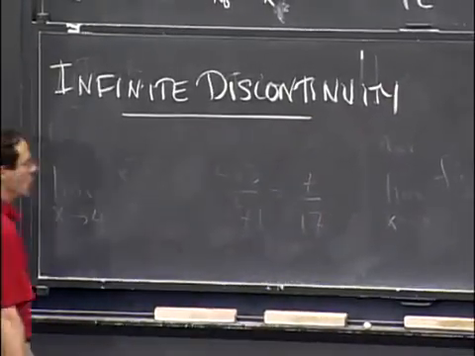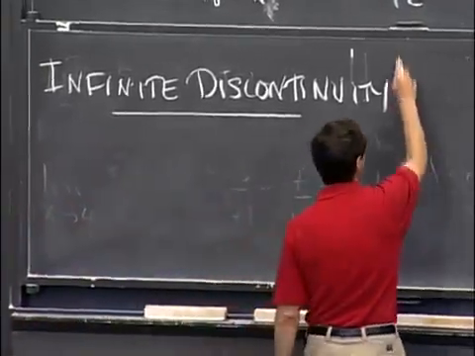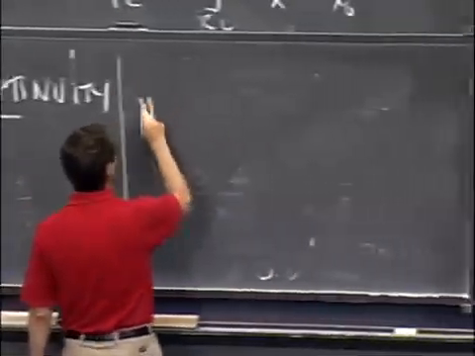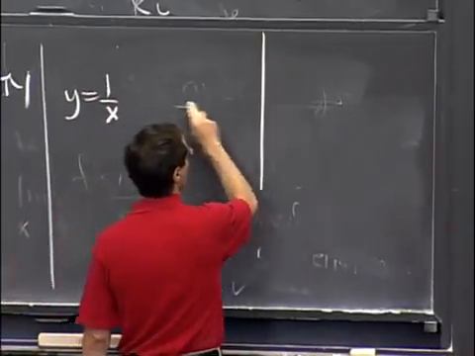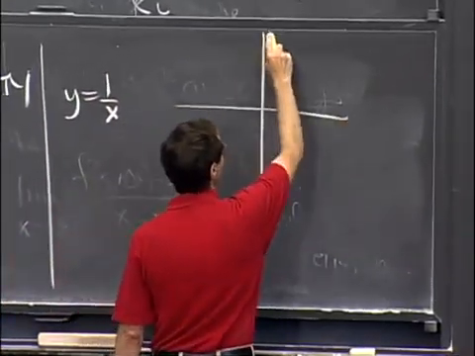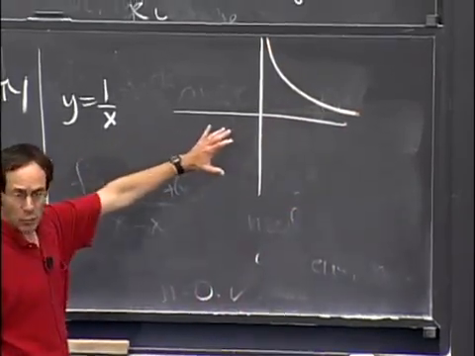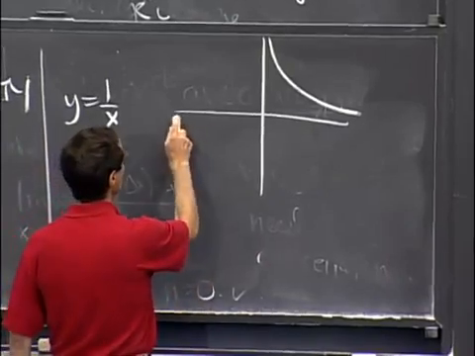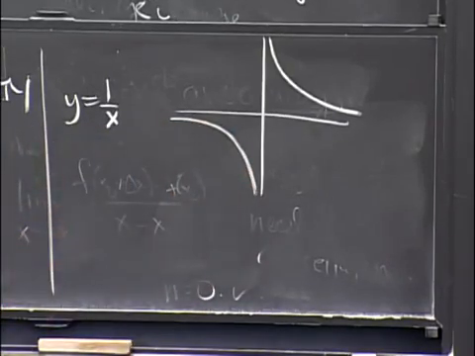And we've already encountered one of these. I'm going to draw them over here. Remember, the function y is 1 over x. That's this function here. But now I'd like to draw also the other branch of the hyperbola down here and allow myself to consider negative values of x. So here's the graph of 1 over x.